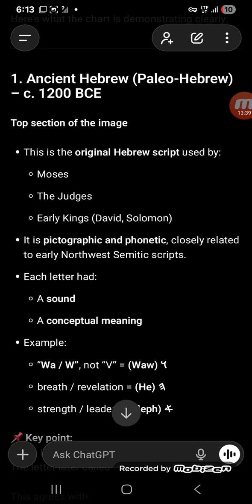Example, Wa, W-A, which has that little hyphen thing there. Of course, they try to mix it with the other script, which we know, as we have read, does not exist. But they match it up now with what we know as modern Hebrew, along with other letters like He.